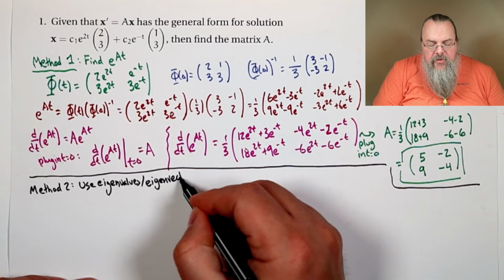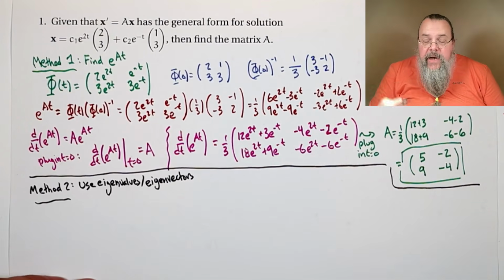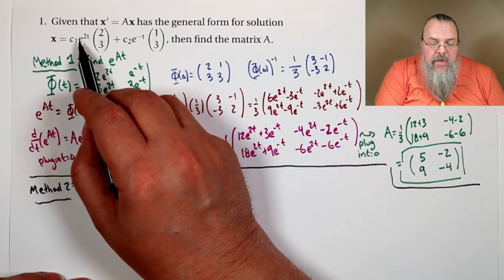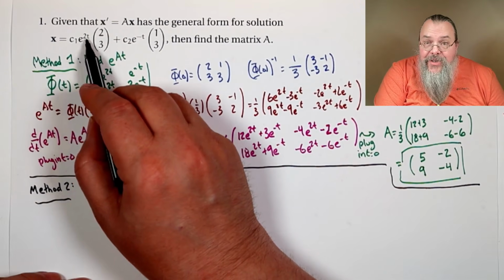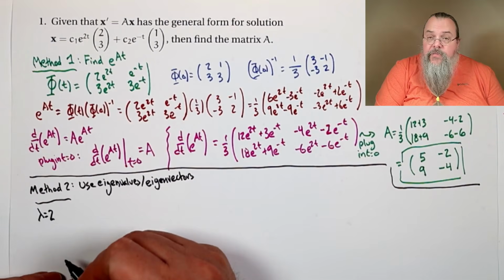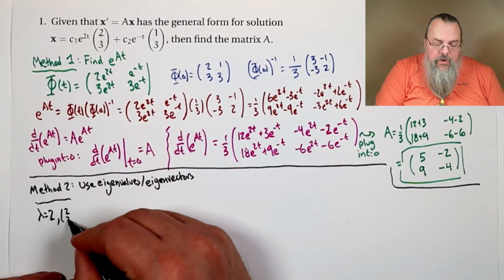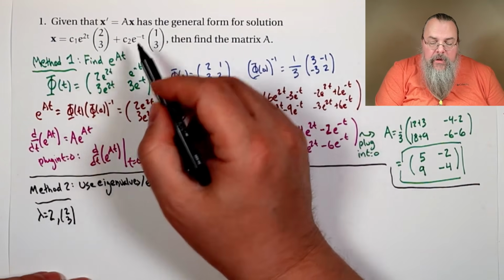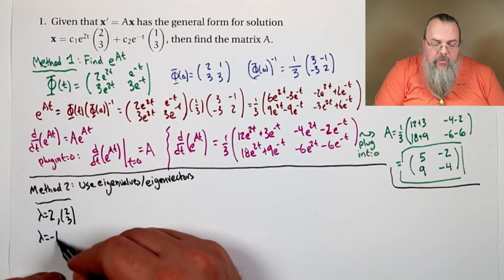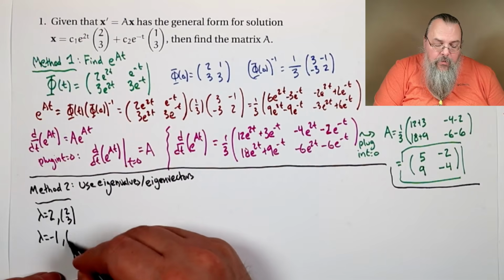Well, we have solutions, and so what we can do is extract information. From our first solution, that would be e to the lambda t. So we have that lambda equals 2 is an eigenvalue, and the eigenvector is 2, 3. Then here, e to the minus t says lambda equals minus 1 is an eigenvalue, and the eigenvector is 1, 3.